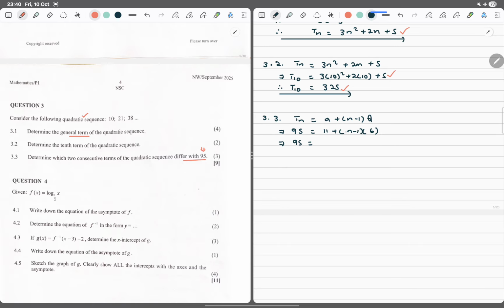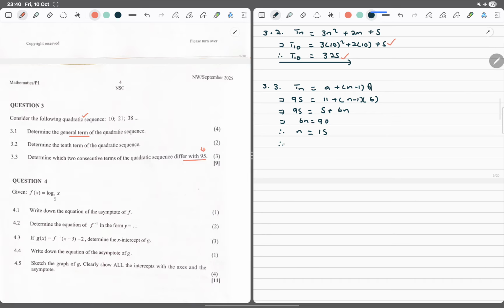95 equals 11 minus 6, which is essentially 5, plus 6n, so we know that 6n is going to be 90. Therefore, n is, let's see, 90 divided by 6, it's 15. Great stuff.